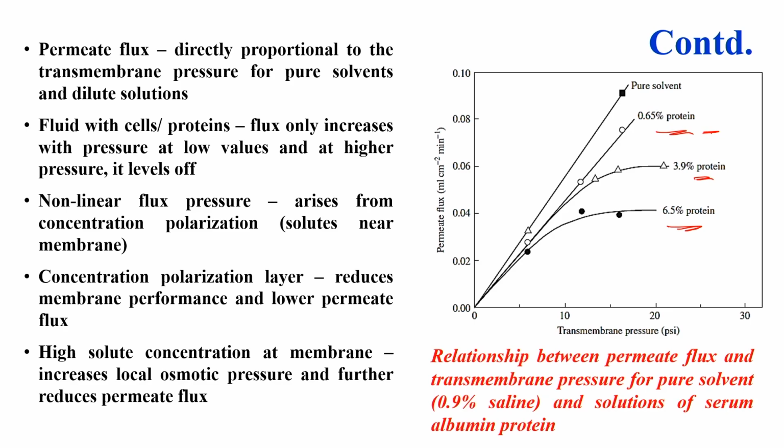It means there is a deviation from this linear behavior between J and delta P. So, this phenomenon is known as concentration polarization.